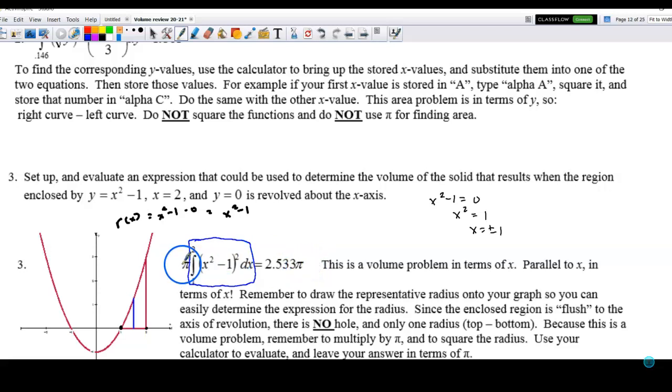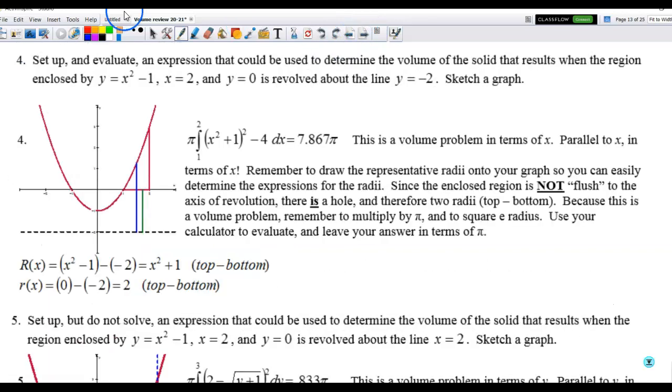So you could type the pi in front if that was the case. But since these directions specifically said leave your answer in terms of pi, what I put in the blue box is what I typed into my calculator and got the decimal number rounded off to 3 decimal places, 2.533, and I put my pi on the end of that. Problem number 3.